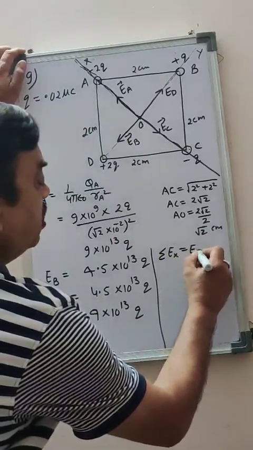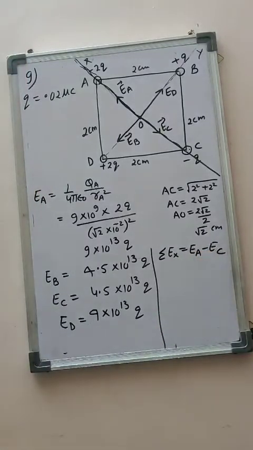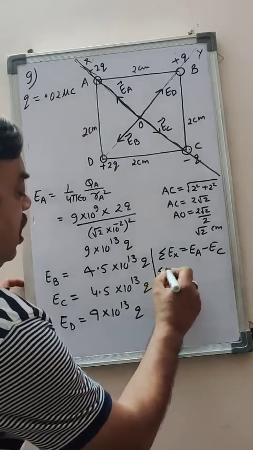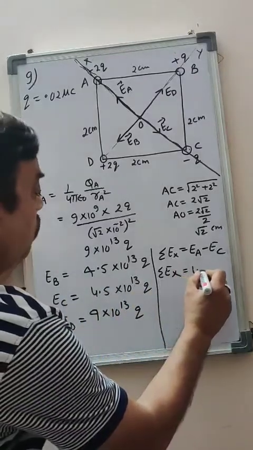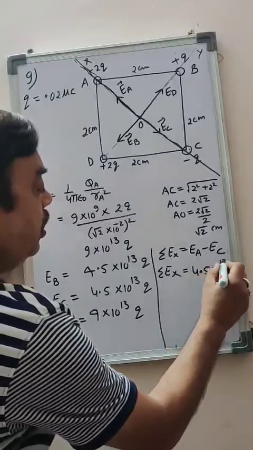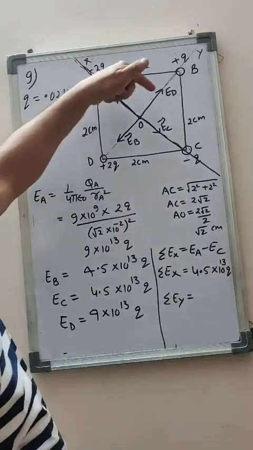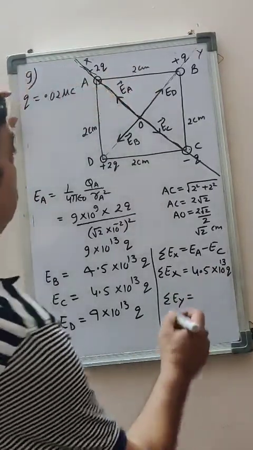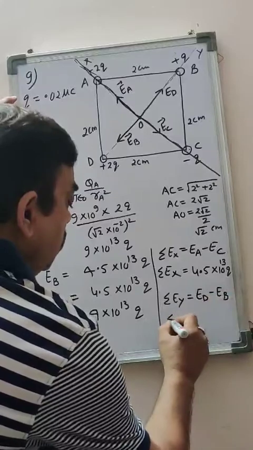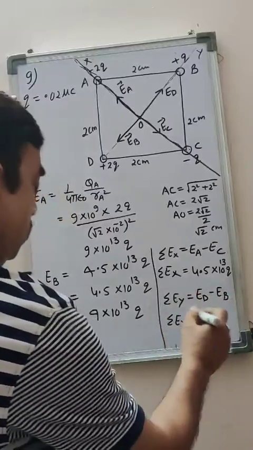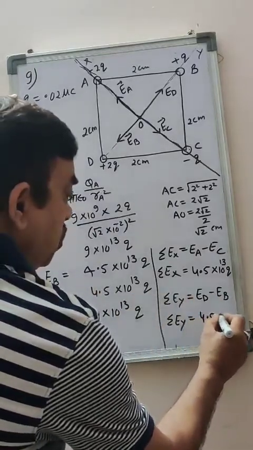So EA minus EC, that is sigma EX will be EA minus EC, 4.5 into 10 power 13 Q. Similarly, sigma EY, when you find these two, that is ED minus EB, and this will also be 4.5 into 10 power 13 Q.